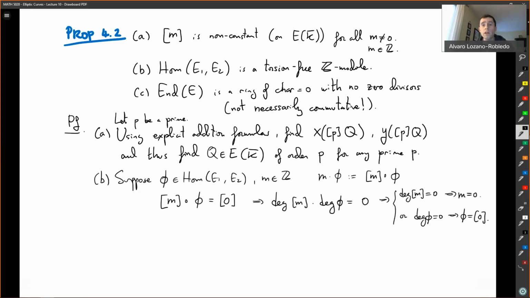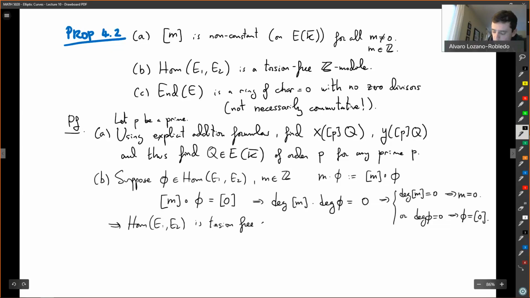So the only way that you could have torsion is if your map phi is already 0, or you're multiplying by 0. So there is no torsion. So Hom from E1 to E2 is torsion free as a Z-module.